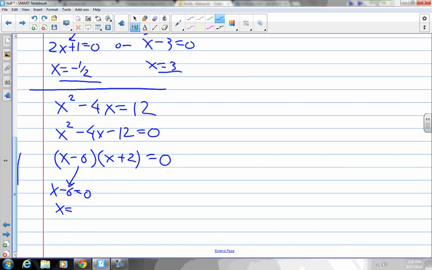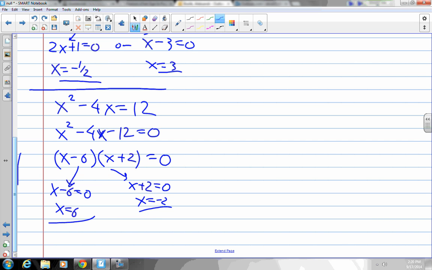So x minus 6 equals 0, x equals 6, x plus 2 equals 0, x equals negative 2. Right? So that's about all I want to show you as far as the factoring goes. If you can factor it, you can solve it. And you should be able to factor it. Even if I put a little constant in front that freaks people out, you should still be able to factor that by your prior experience.